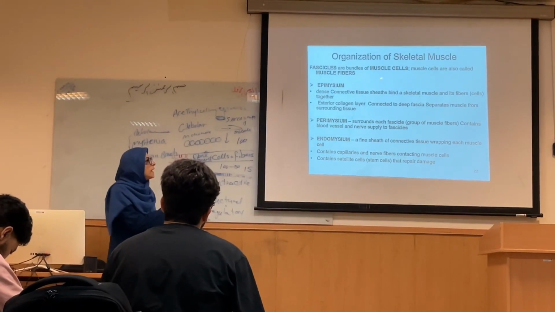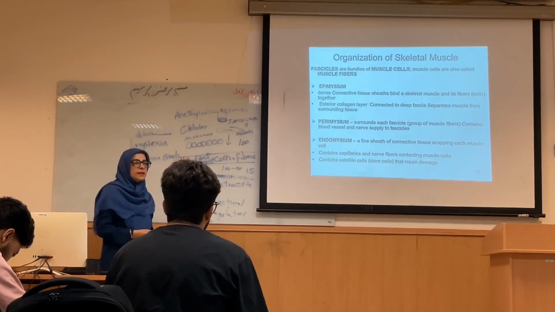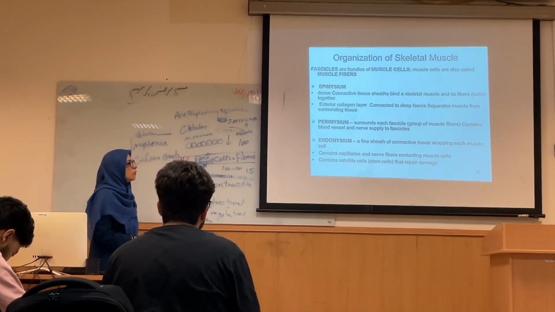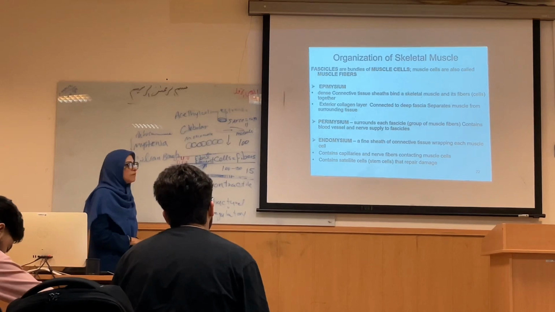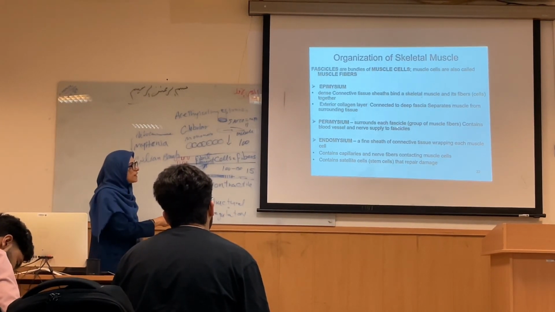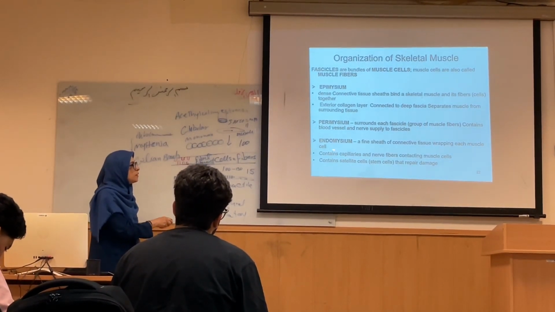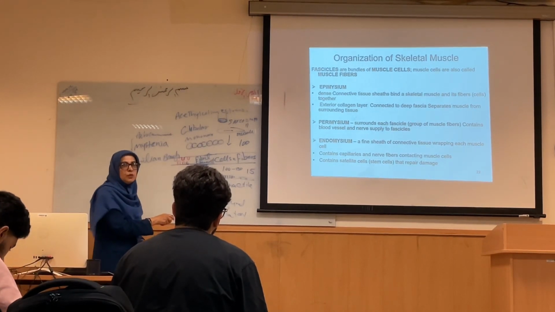Epimysium, dense connective tissue that sheaths all of the muscle, includes mostly collagen type 1 and is connected to the deep fascia. Perimysium surrounds each fascicle. Fascicles are groups of muscle fibers that contain the vessels. Endomysium is a type of loose connective tissue.